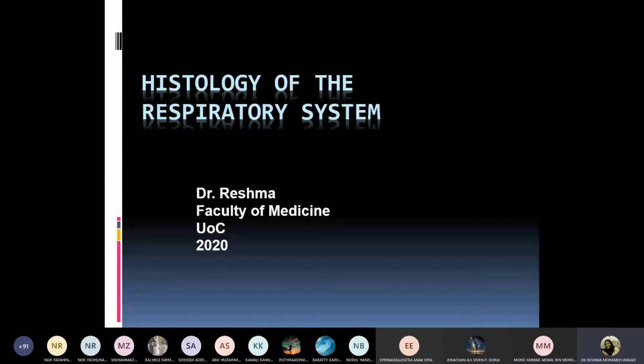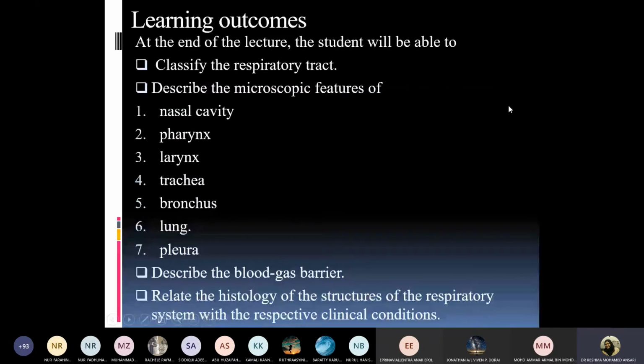So our learning outcomes for this class are, you would be able to classify the respiratory tract and describe the microscopic features of all these structures: nasal cavity, pharynx, larynx, trachea, bronchus, lung, and pleura. You will describe the blood gas barrier, and also relate the histology of these structures with the respective clinical conditions.